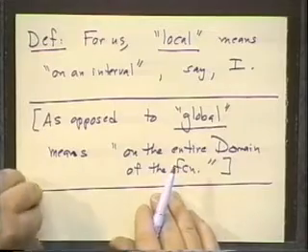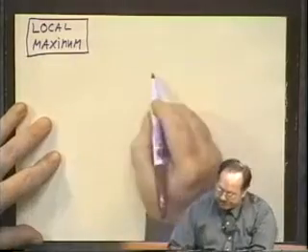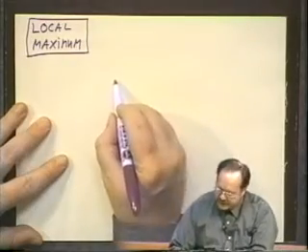So let's go ahead again and look at some more pictures to fix this idea of locality and local maximums in your mind. So local maximum. Let's make it really very compact. The situation is this.